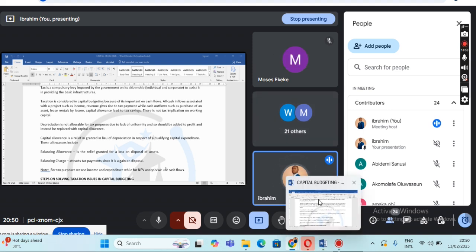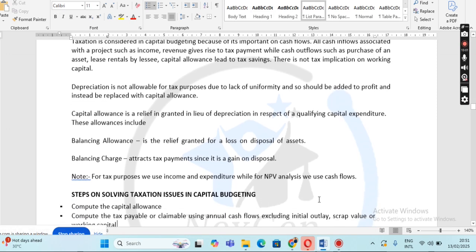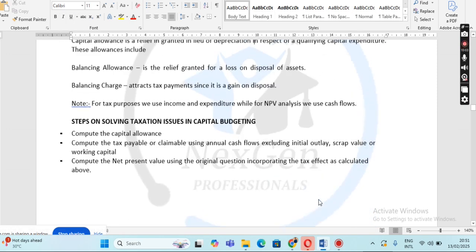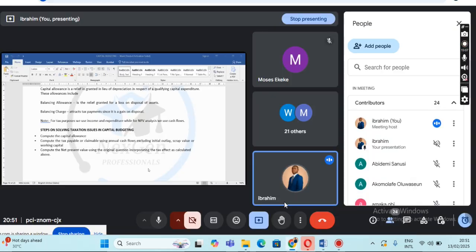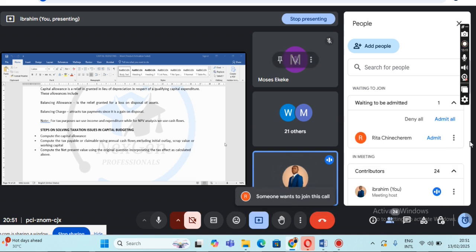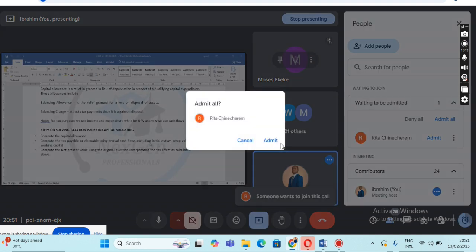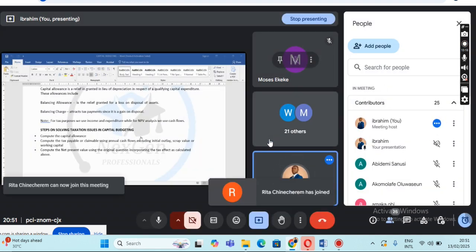Now, another thing you need to know is the steps in solving taxation issues in capital budgeting, class.